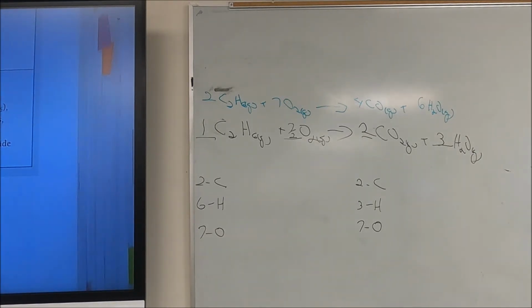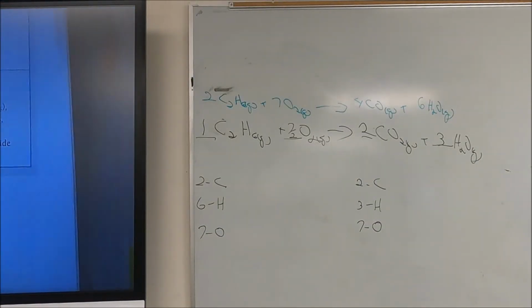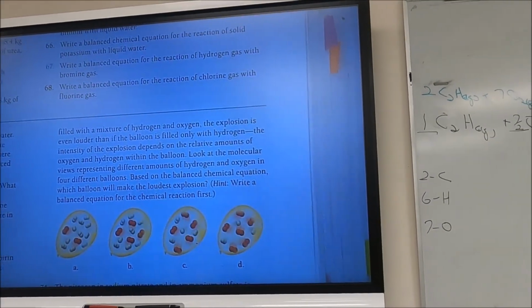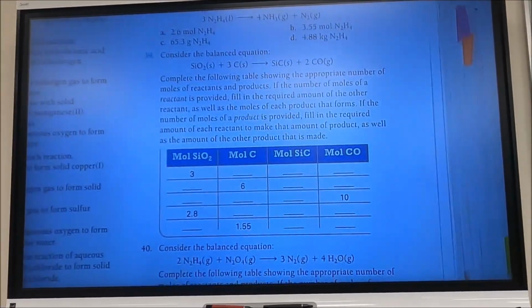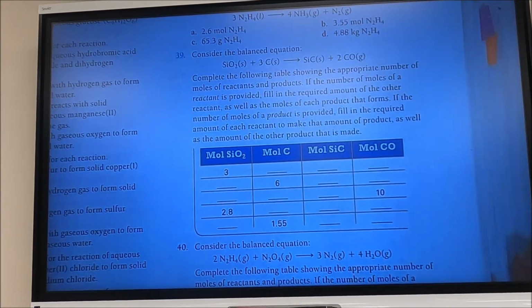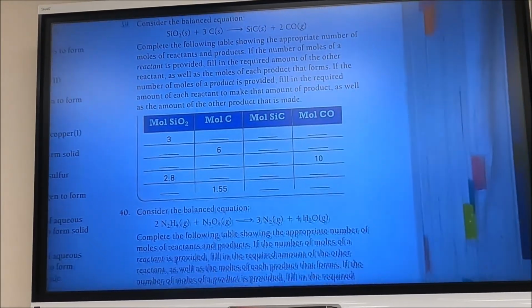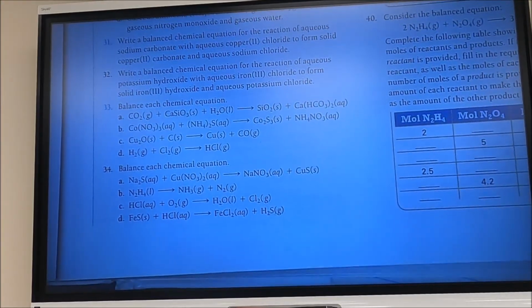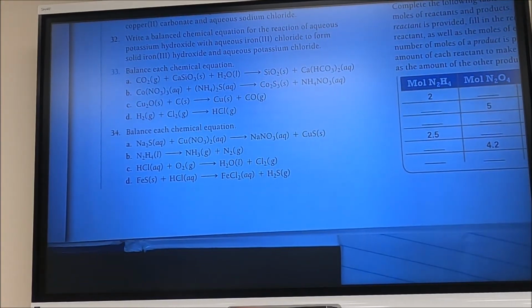Now, let's flip to the end of the chapter and do a few more examples just so that we've got enough practice in, until I feel like you guys are okay. So let's look at problem 33. I'm going to look at balancing some of these.